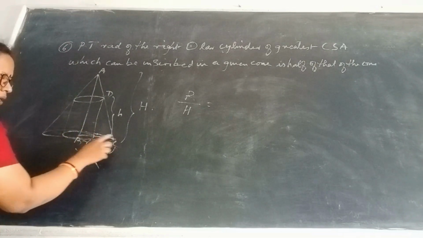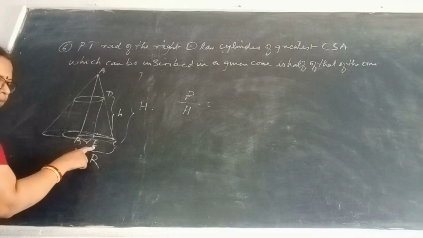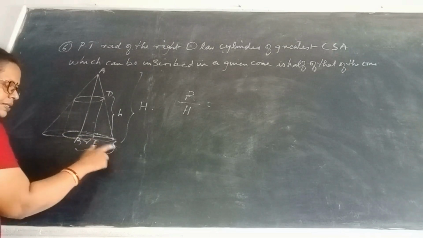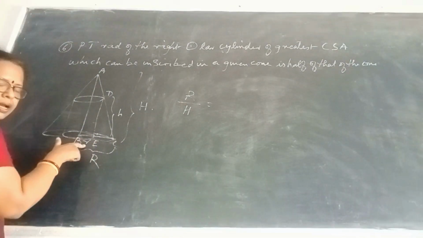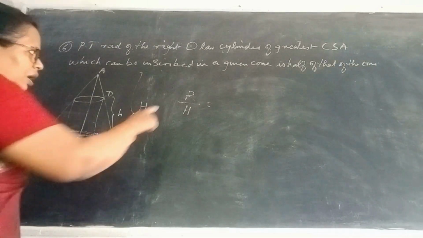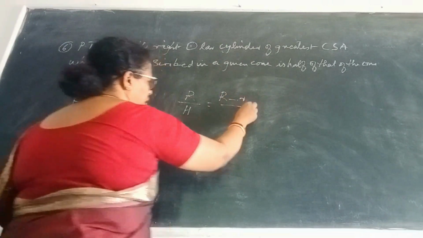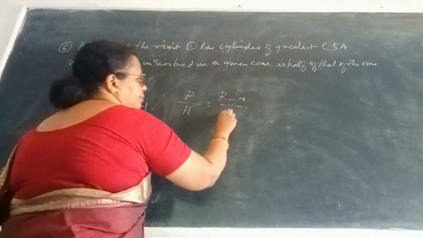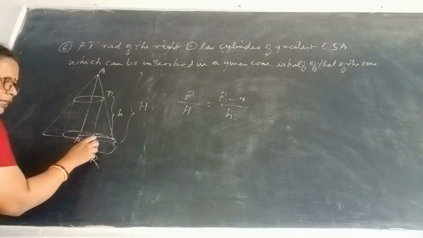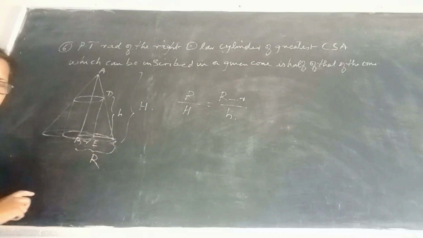Corresponding to big R it is not small r, because small r is BE. The required triangle needs side EC. What is EC? Big R minus small r. So instead of R we get (R minus r) by h, because we need the triangle side EC.